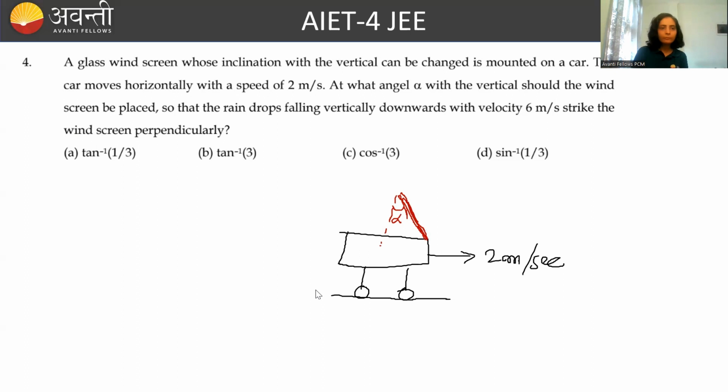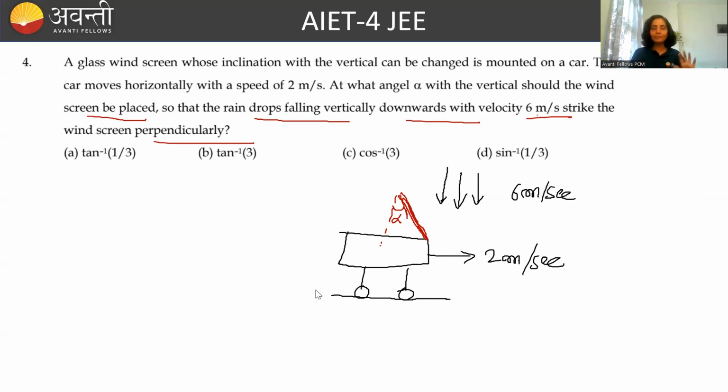Now, at what angle alpha with the vertical should the wind screen be placed so that raindrops falling vertically downward with this velocity strike the wind screen perpendicular? So what is happening? The car is moving forward on the road and it is raining, and rain is falling downward like this with a speed of 6 meter per second.